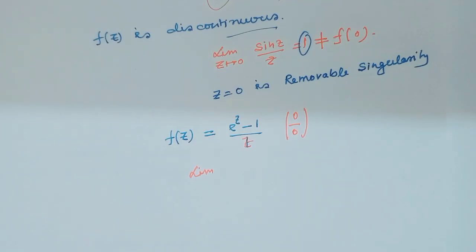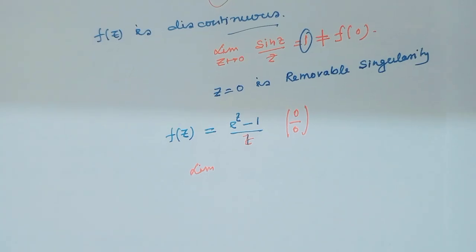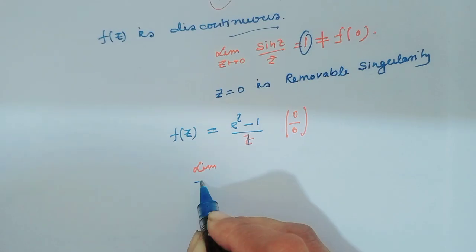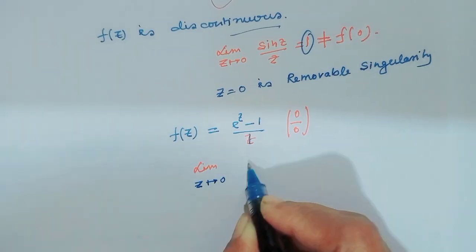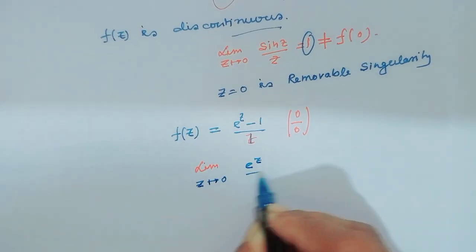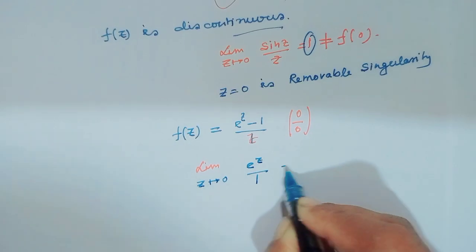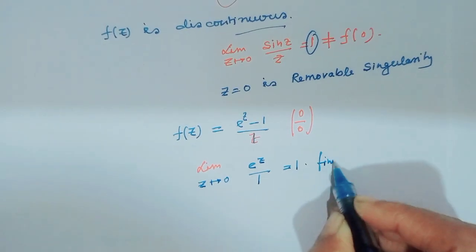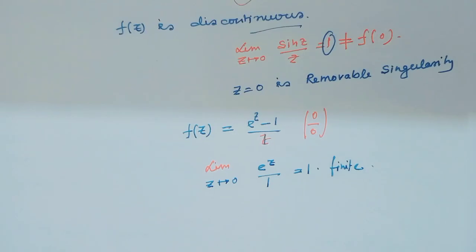Next, f(z) = (e^z minus 1) over z. Obviously this is the 0 by 0 form, and the limit as z tends to 0 of e^z over 1 is finite. So this singularity is a removable singularity.